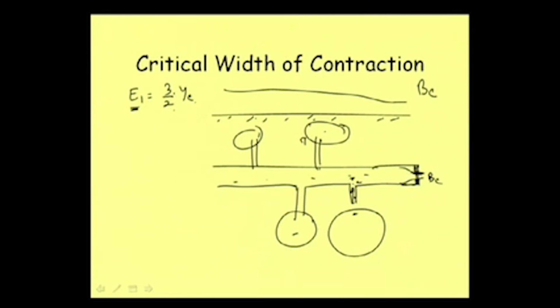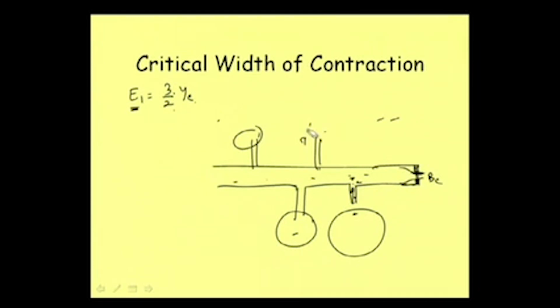And of course, we are writing E1 because at the contracted portion, well, let me just take this diagram here. At the contracted portion, we are getting critical flow condition.